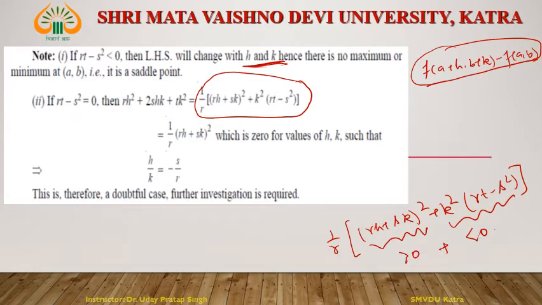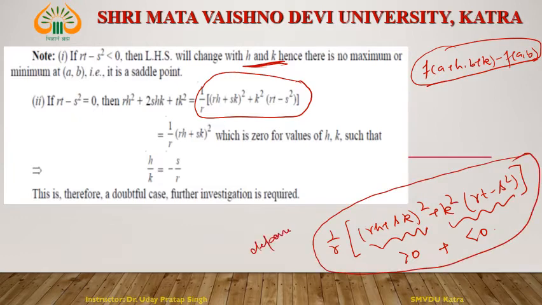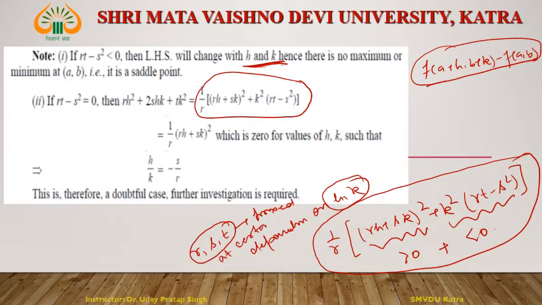So the sign of the total depends on hk, since the values of r, s and t are fixed at a certain point. So this whole thing depends on the sign of hk, right?